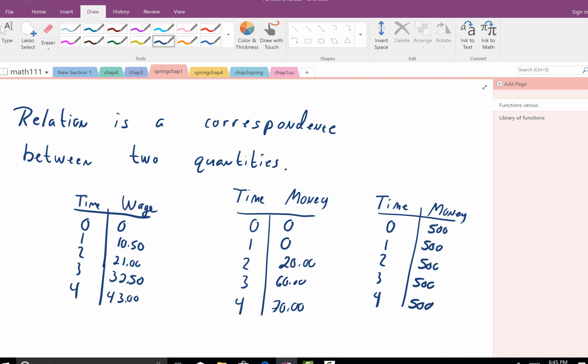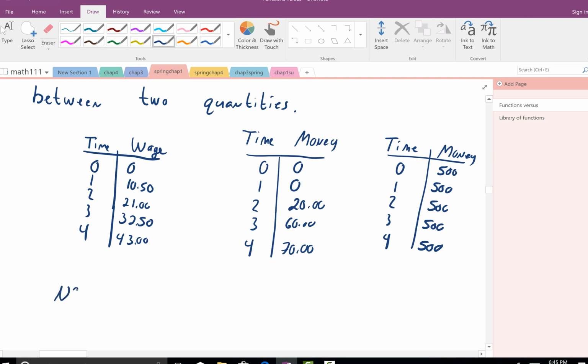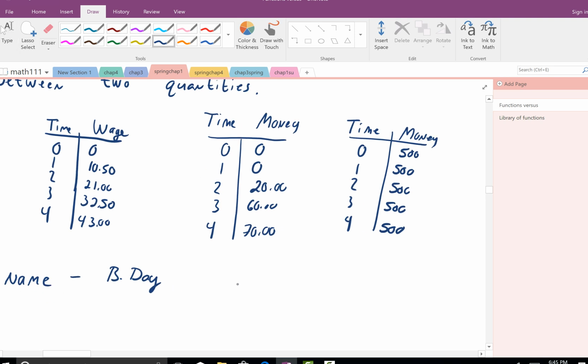And it doesn't even have to be numbers. You could have yourself, the person's name, and a birth date. All right, that's a correspondence. It doesn't have to always be numbers. It can be yourself and an address, maybe where you live.